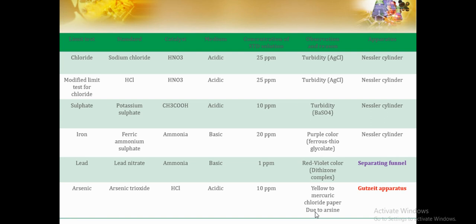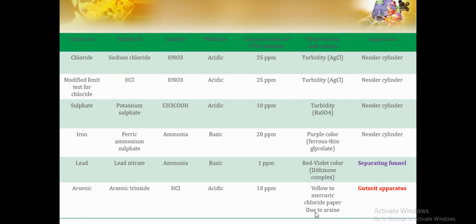Here the column 2 is telling about the standard compound which is used to prepare the standard solution, the catalyst and medium. The medium depends on the catalyst which is used in that limit test. The fourth one, concentration of a standard solution. This is very important. It can be asked like, what is the standard sodium chloride solution in case of limit test for chloride?